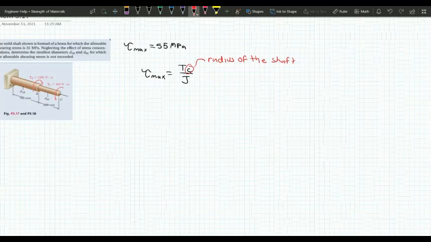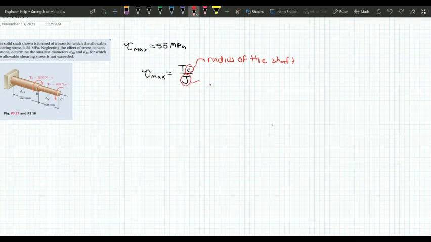And the moment of inertia for a circle is given as 0.5 pi times C to the fourth, right? So let's rewrite this equation. So tau max equals torque times the radius all over 0.5 times pi times C to the fourth.